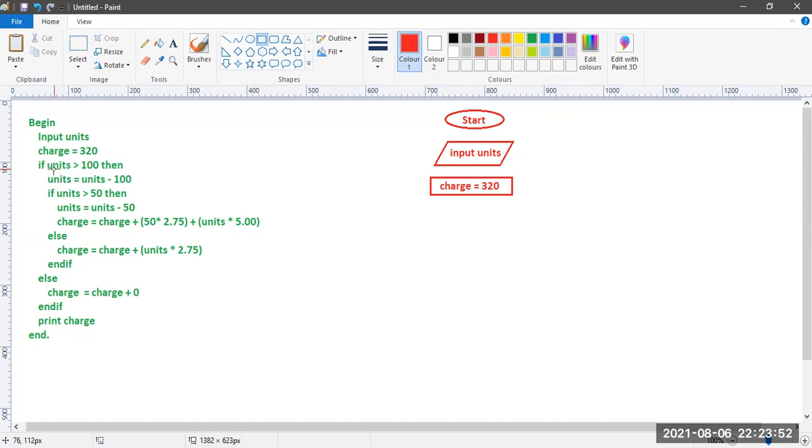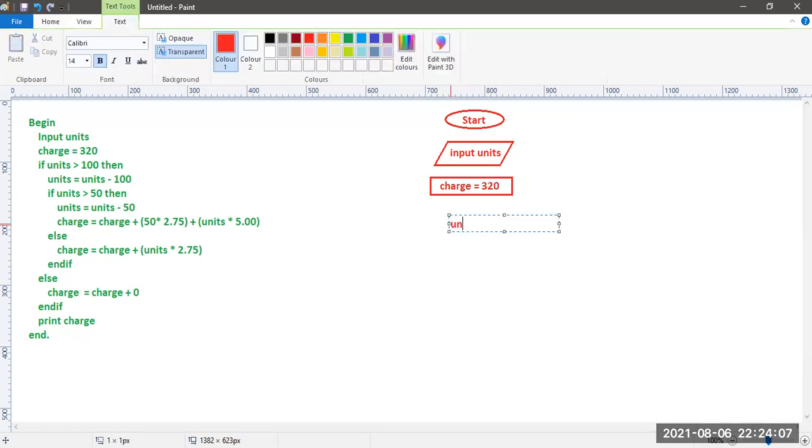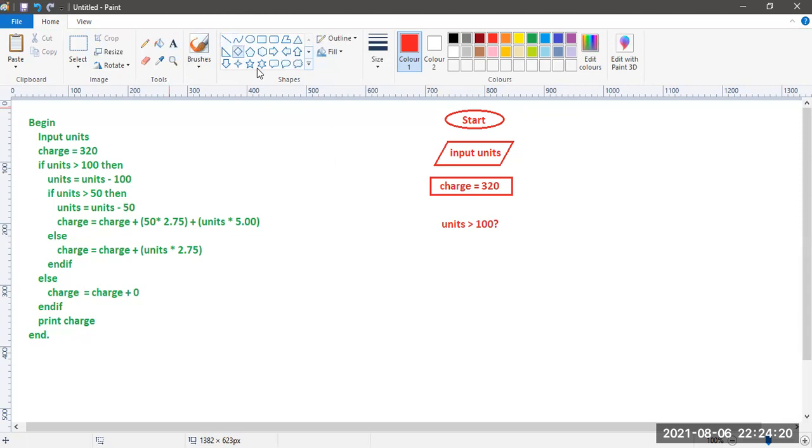So I will write the if condition. What is the condition? Units are greater than 100. So I'm going to check if the units are greater than 100. I'm going to ask a question there, so the question will be coming in a diamond.